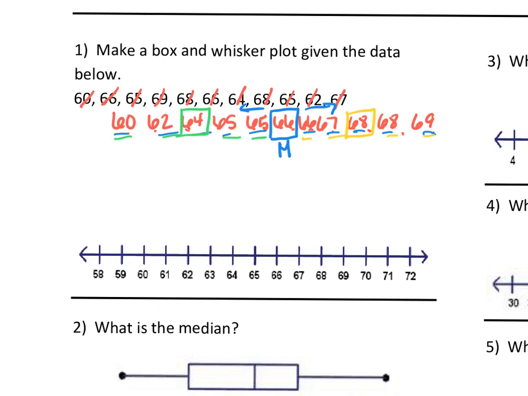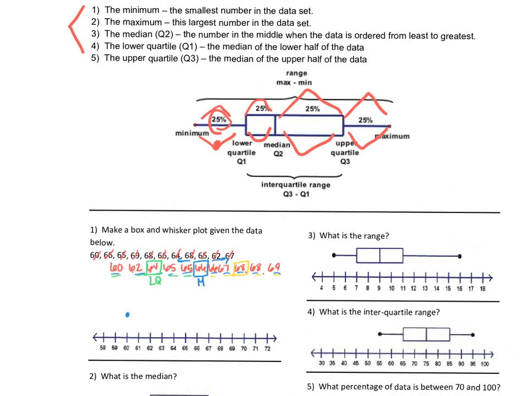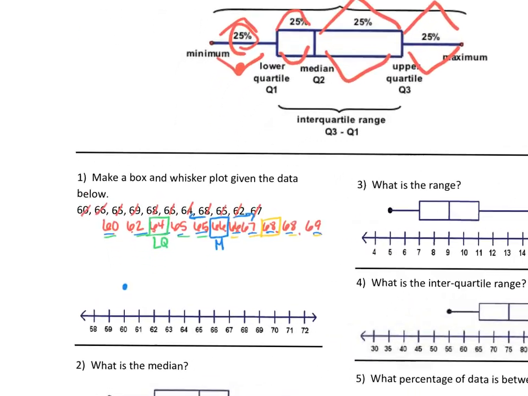We need the minimum number. What's the minimum number? 60. So we're going to put a dot on 60. We're going to put a dot on the lower quartile. This is considered the lower quartile right there, the thing that we talked about up top. The lower quartile is the median of the lower half of data.